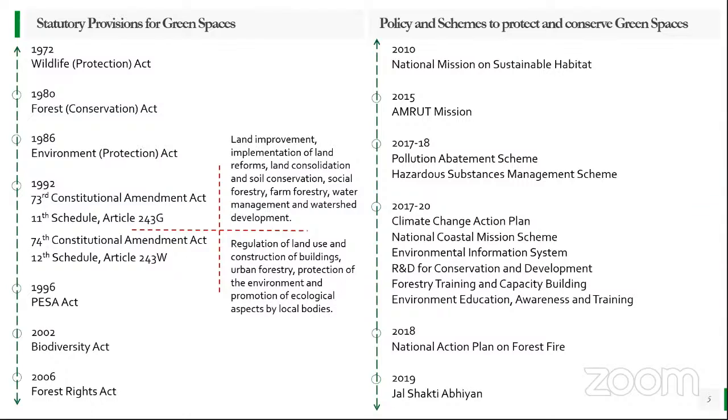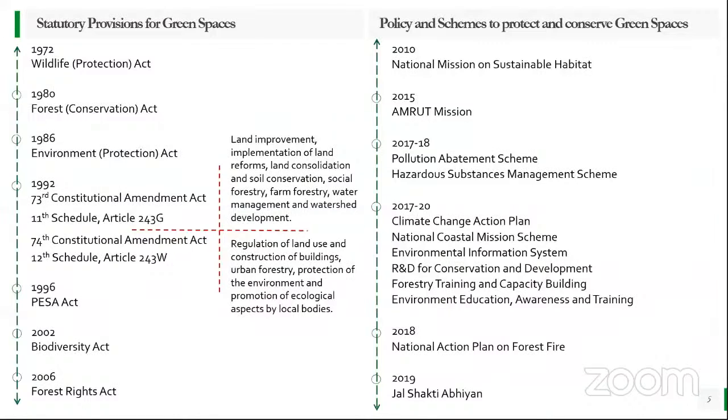Then coming to the policies and schemes to protect and conserve green spaces. The AMRUT mission focuses on increasing the green cover by 15% in 500 cities. Then the pollution abatement scheme and the hazardous substances management scheme focus on waste minimization and management. Then ecological restoration of terrains and soil conservation.